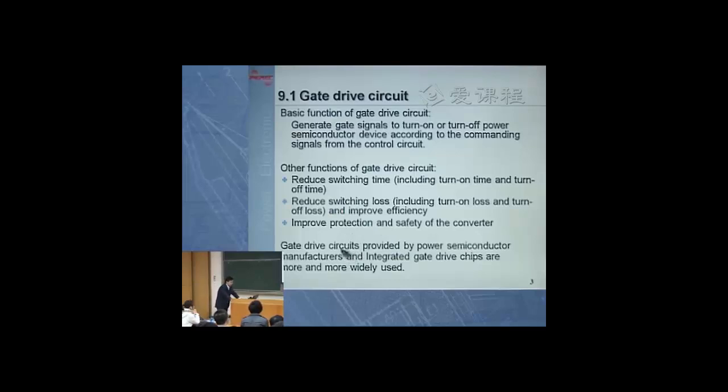Okay, one thing, and actually this is very important, I want to let you know about gate drive circuits provided by the power semiconductor manufacturers. Many power semiconductor device manufacturers also provide gate drive circuits at the same time.